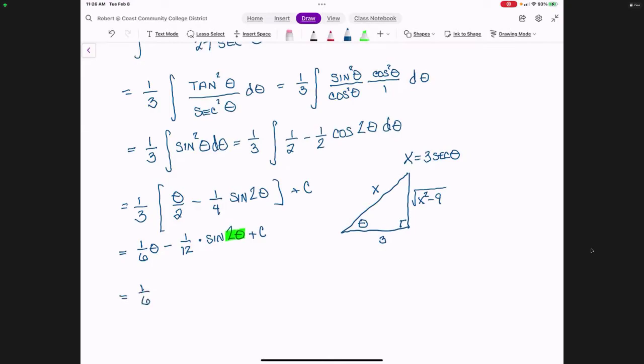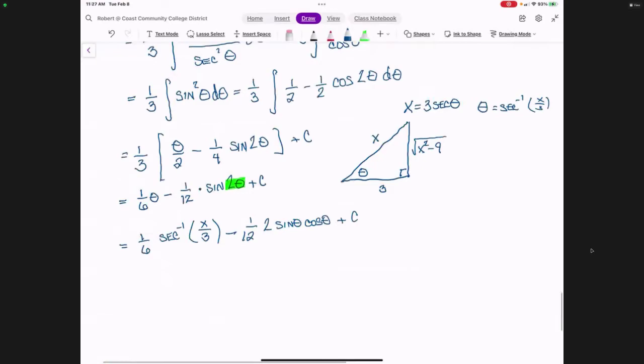1/6 theta is the secant inverse of x over 3, right? And then minus 1 over 12 times 2 sine theta cosine theta.